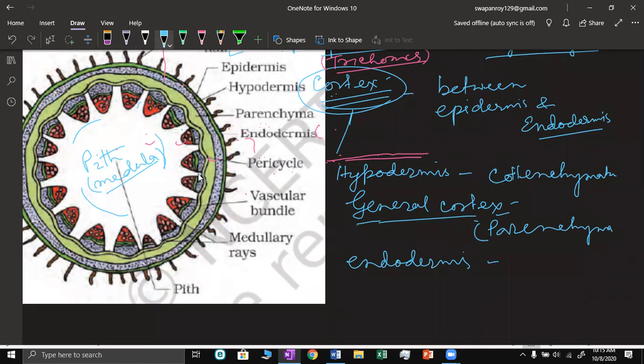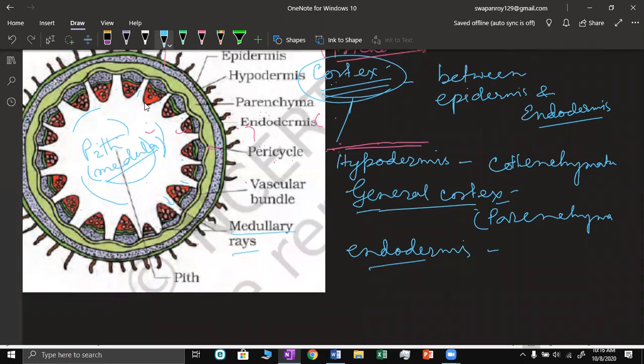These are coming out like the sun rays, so they are known as medullary rays. Medulla is the pith, and medullary rays are there.